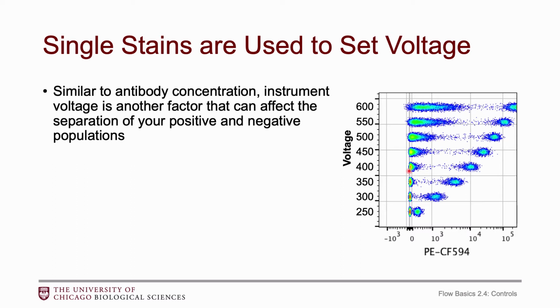We at the U Chicago Core have done a lot of these voltration tests ourselves. So for most of our instruments, you'll have a recommended starting value, and then you would just want to use your single stain controls to make sure that you don't end up in this scenario where your sample is too bright and saturating the detector.